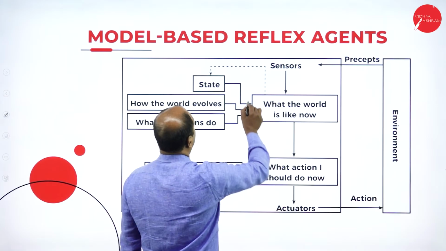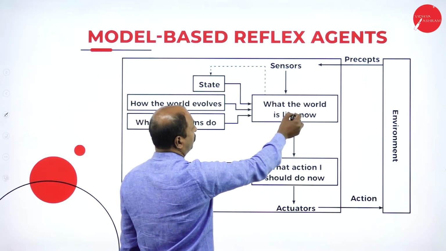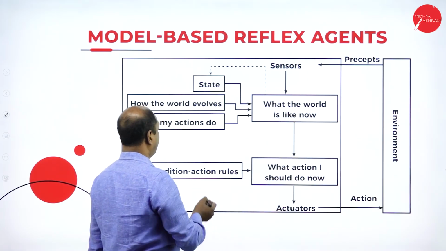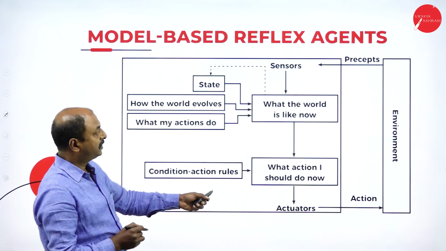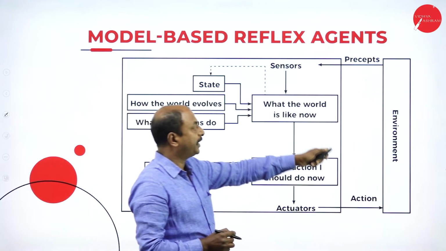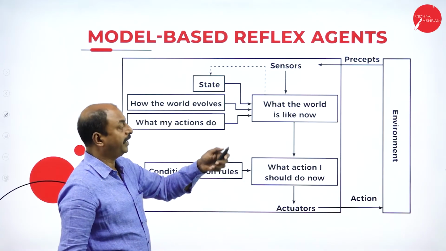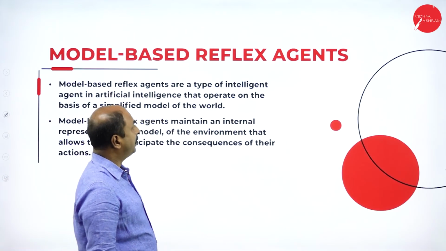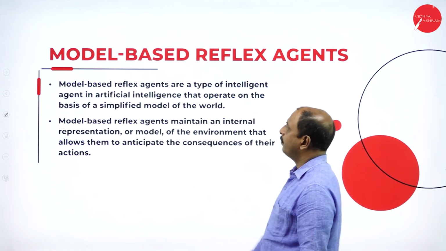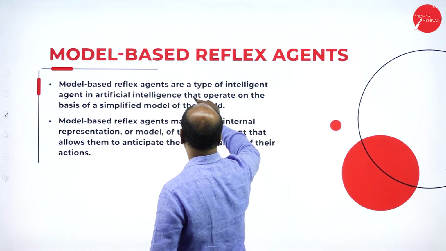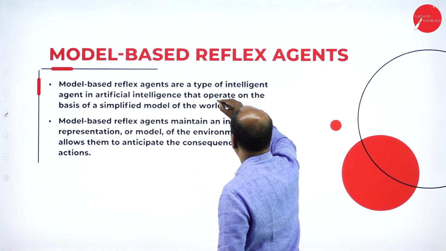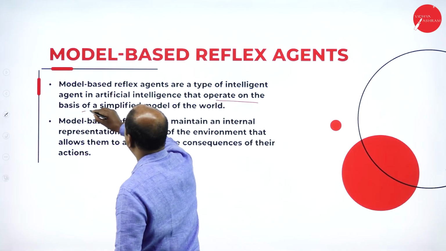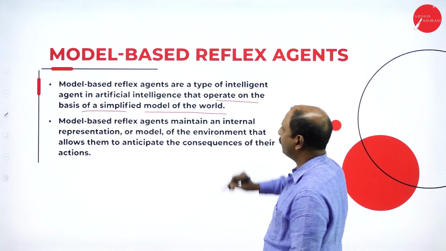These are different, based on the current state it is going to take decision. Again, it also has predefined models. So this is the schematic diagram for model reflex agent. Now let us see the definition of this. Model-based reflex agents are a type of intelligent agent in AI that operates on the basis of a simplified model of the world.